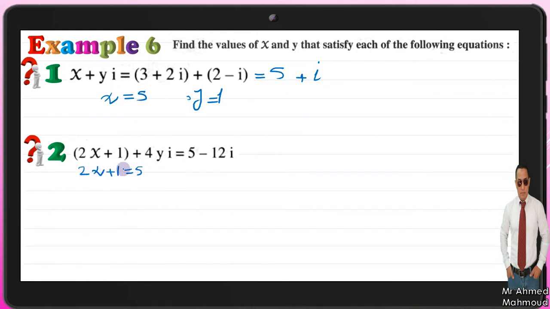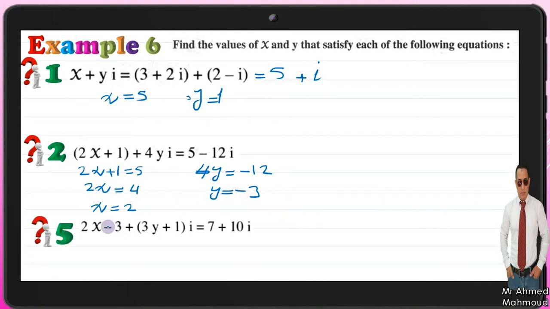By sending 1 there as minus, it will be 4. Then 2x equals 4, then x equals 2. And here 4y equals negative 12. I will divide it by 4, then y equals negative 3.